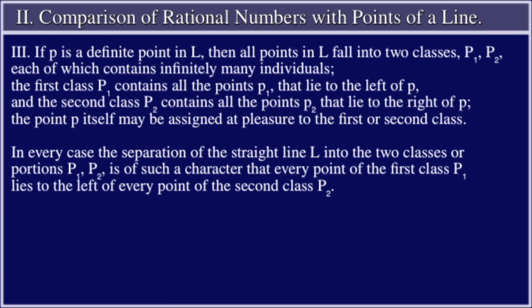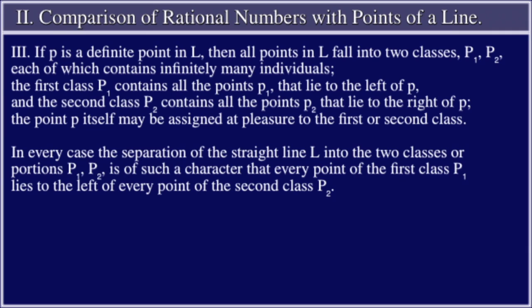P sub 1, P sub 2, each of which contain infinitely many individuals. The first class, P sub 1, contains all the points P sub 1 that lie to the left of P, and the second class, P sub 2, contains all the points P sub 2 that lie to the right of P. The point P itself may be assigned at pleasure to the first or second class.